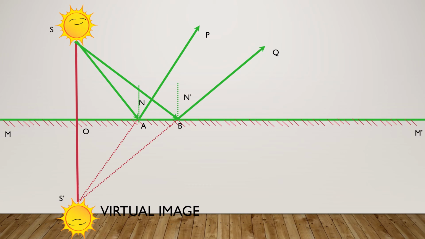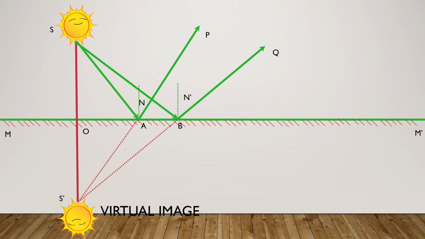Now see what is happening here. AP and BQ, the reflected rays which we have drawn, are not meeting at any point, but instead they are going away from each other. So what do we have to do here? We are going to extend these lines backwards with the help of dotted lines, as they are not meeting anywhere.